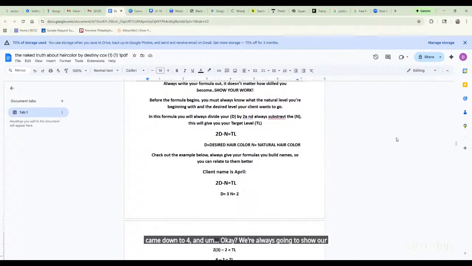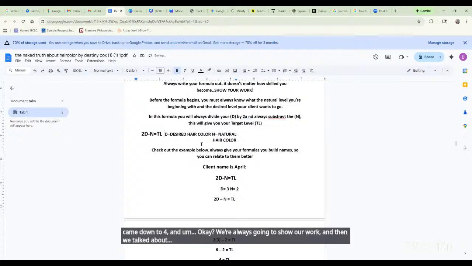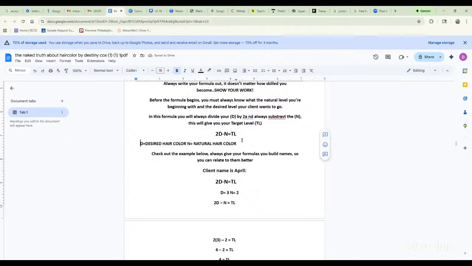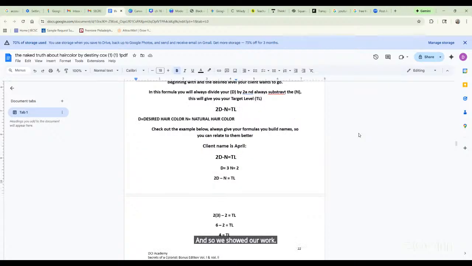And then we talked about replacing where the client is versus where the client wants to go. Where the client is versus where the client wants to go. And so we showed our work. You'll always write your formula like this.